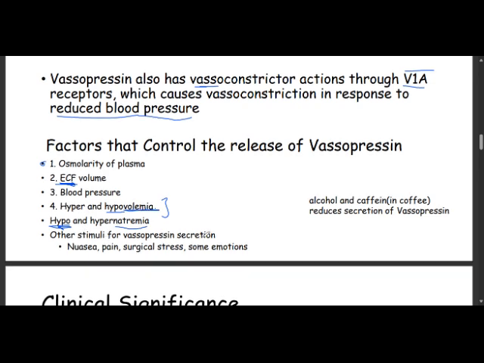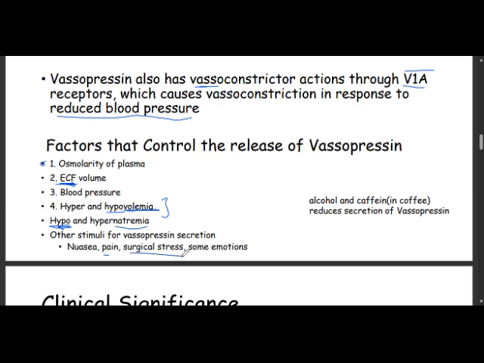And then the other stimuli that we can talk about, which is nausea, pain, surgical stress, or some emotions that also cause vasopressin release. So pain in some areas of the body will cause release of vasopressin.